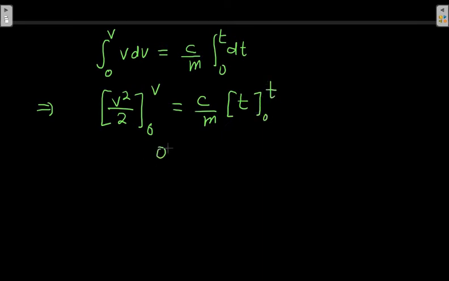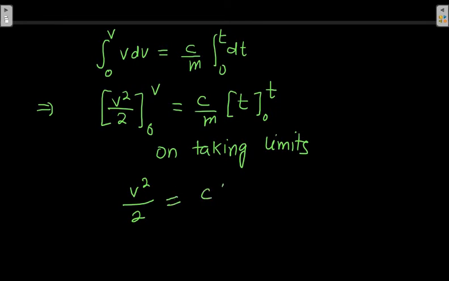On taking limits, we see that v square upon 2 will be equal to ct upon m, or v can be written as under root of twice c t divided by m.